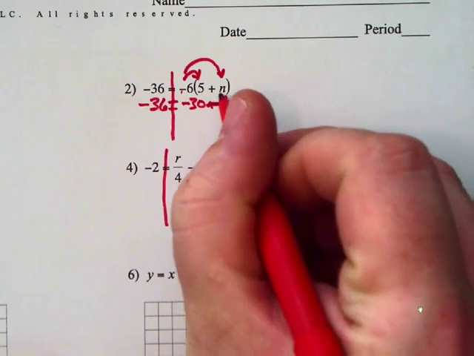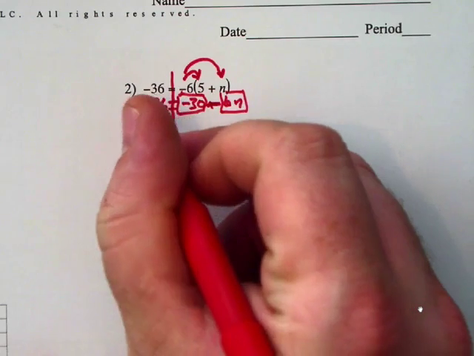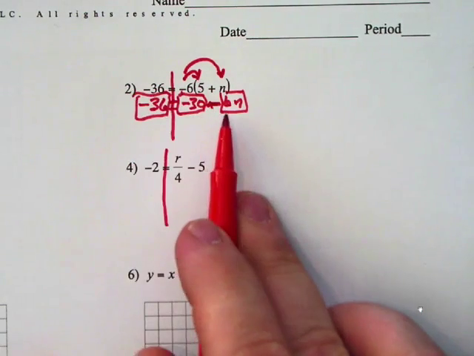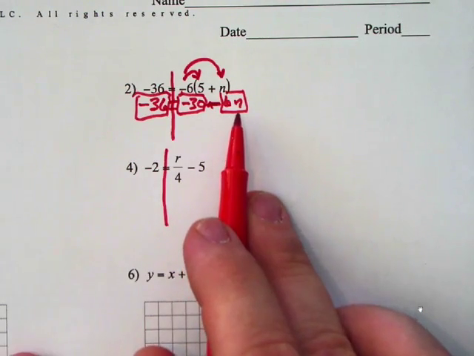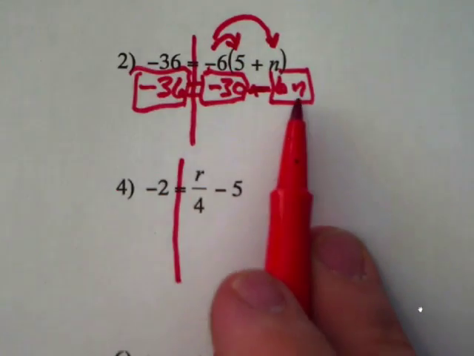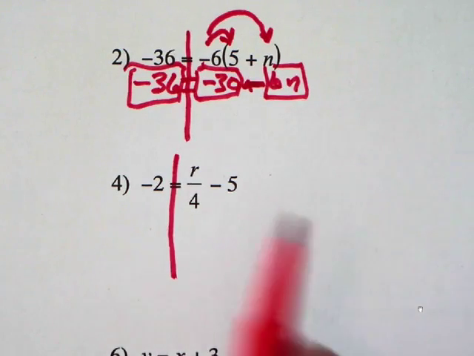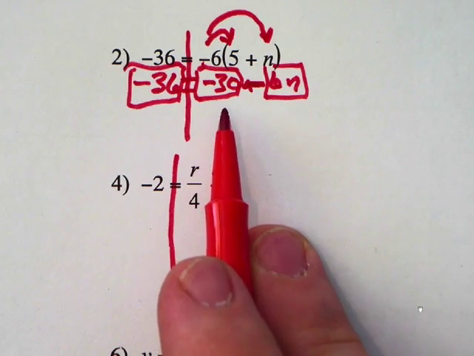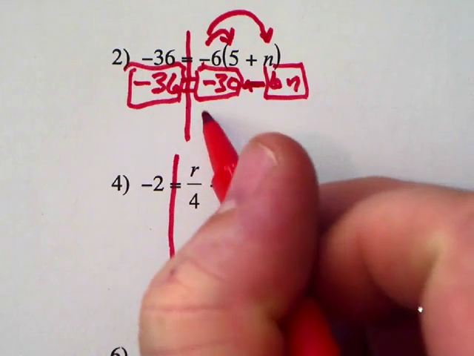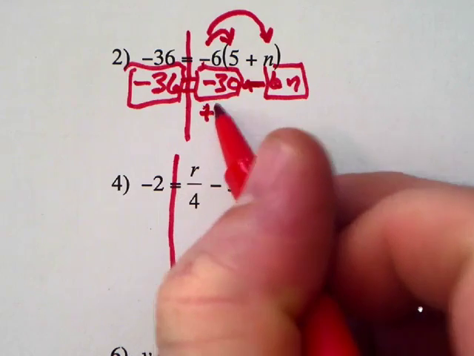Now we look at it and say, okay, is the box containing the n all by itself? And the answer is no, it is not. Right now we have that negative 30 sitting right there. Okay, so we need to get rid of that by doing the opposite of whatever is in the box. If it's negative 30, we're going to plus 30.